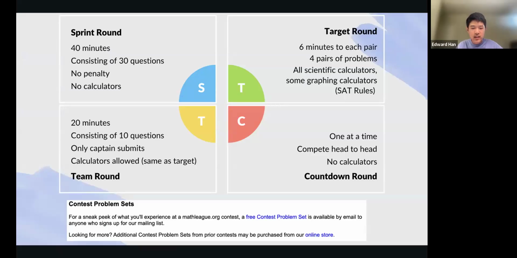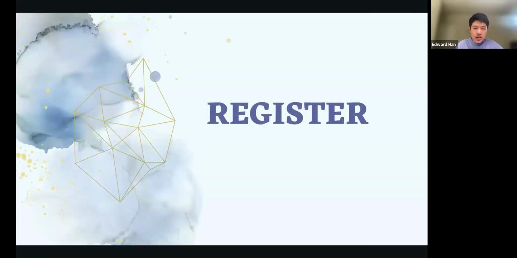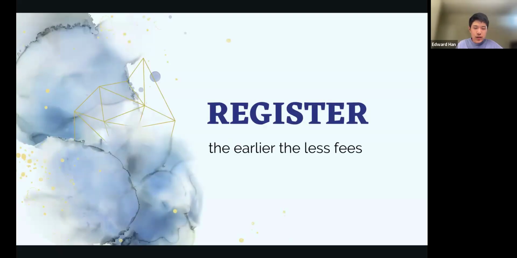But if you don't participate in your team round, we will also consider that while choosing our team. And so if you want to prepare by looking at sets, there's a free contest problem set available if you join the mailing list.